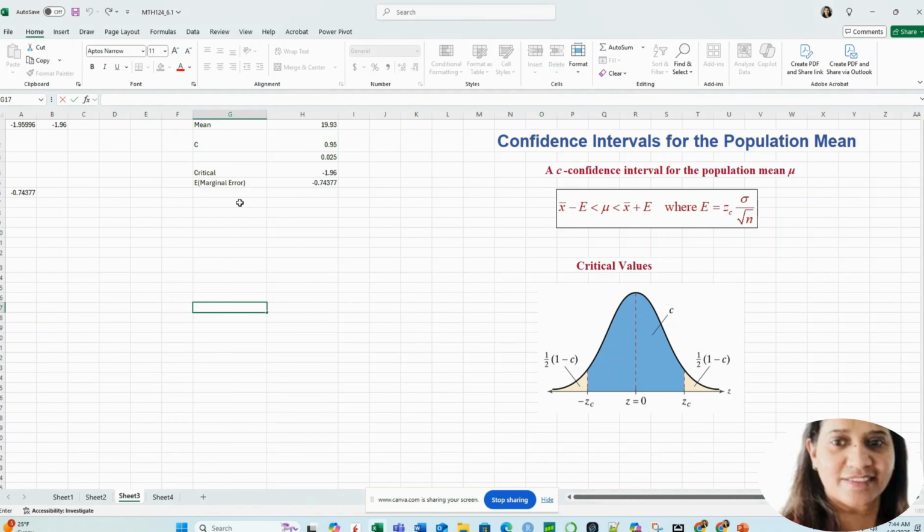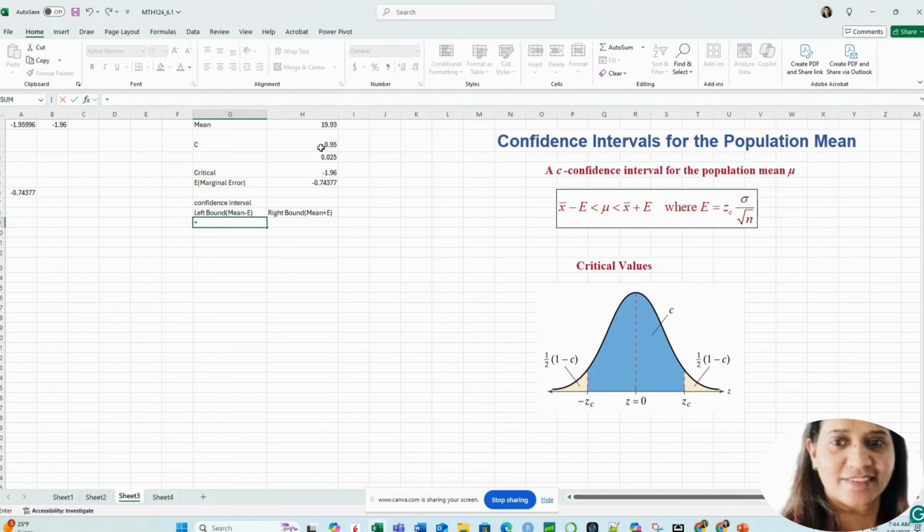I will type here first confidence interval, left bound, that means mean minus error, and also right bound, mean plus E.